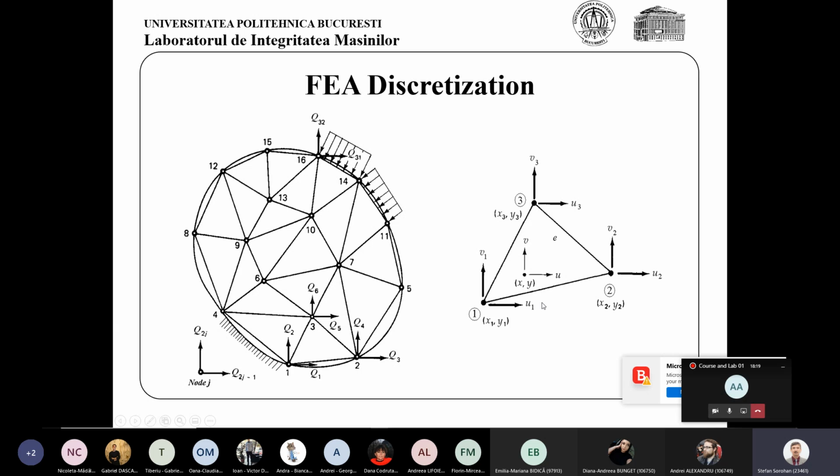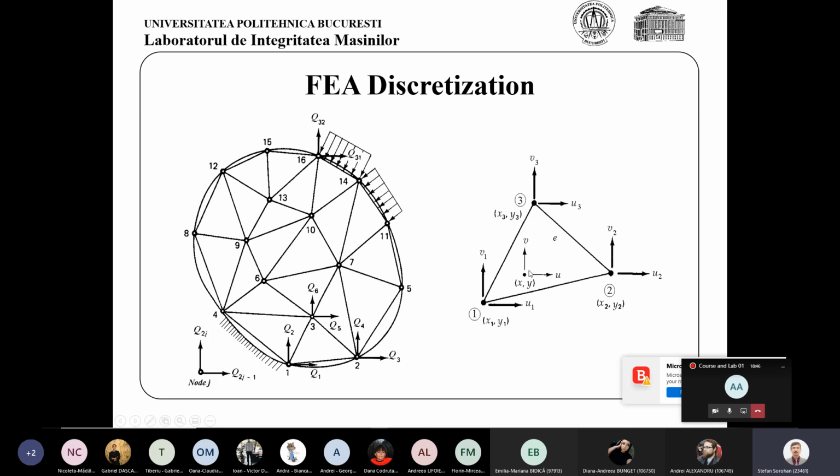As you can see, for this displacement, we have some identification numbers. So this is u1, v1, u2, v2, u3, v3. Inside of this element, which is generically denoted with small e. So an arbitrary element from this mesh is denoted e.